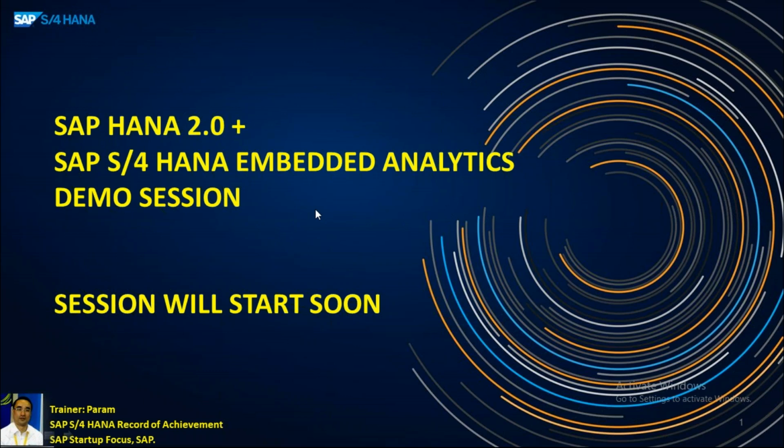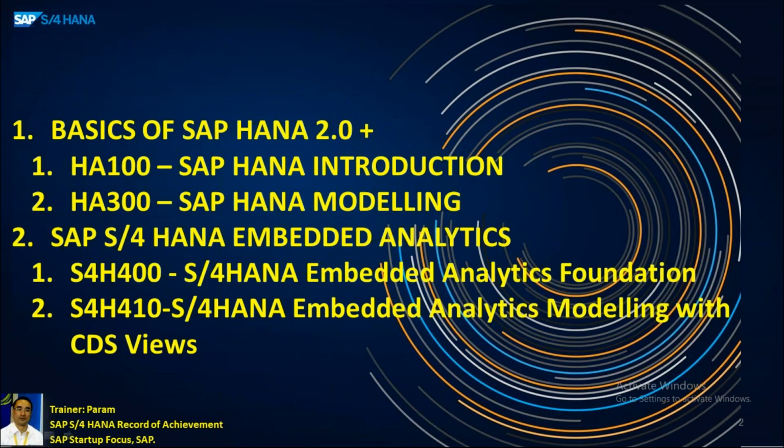We have today the agenda or the list of topics that are part of our program, and I will start with the slides, and we will log into the system to be able to explore the training environment. So we're going to use the SAP HANA 2.0 version and the S4HANA.